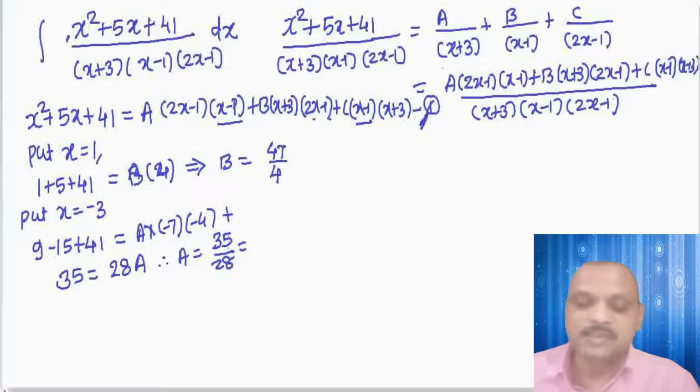We can see that the numerator and denominator have a factor of 7, so simplification gives 5 divided by 4.